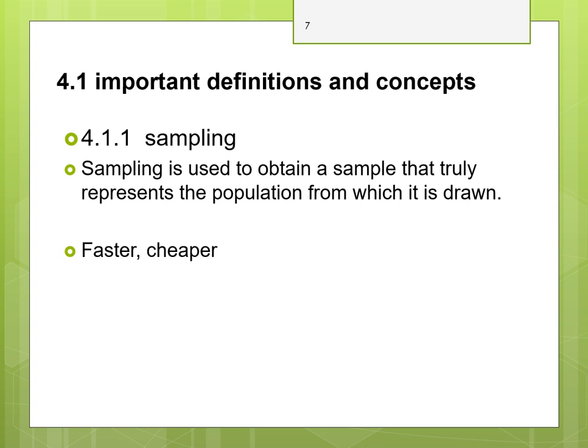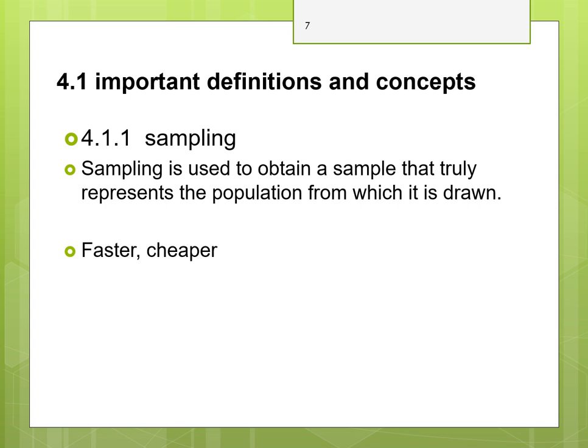This procedure is called sampling. So that means we choose a group of individuals from the population, and the number of individuals in the sample must be less than the population. We can choose 10 from the 1 billion people.